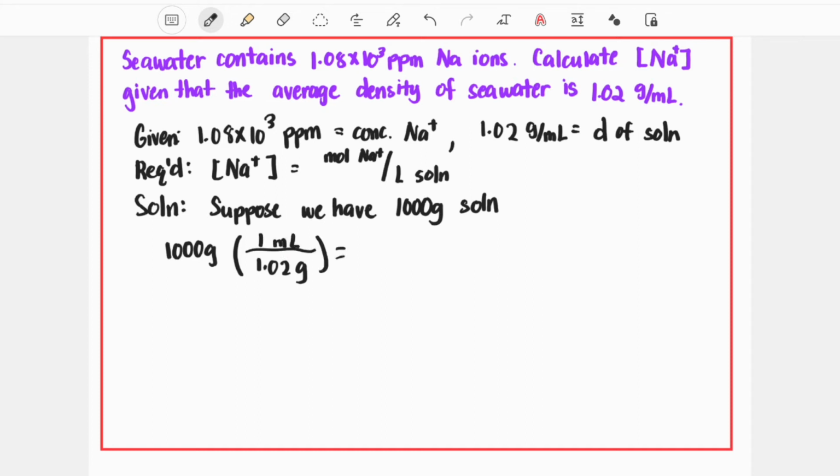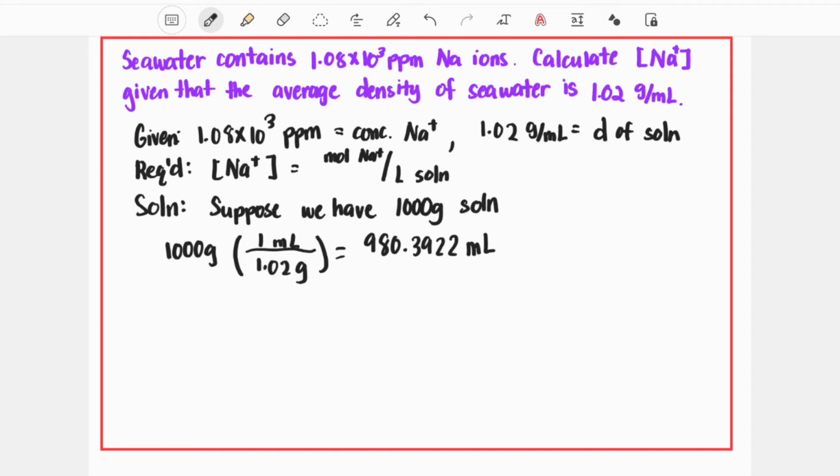Using my calculator, we have 980.3922 milliliters of seawater. I'm calculating for the volume of the seawater because I would need to divide the moles of sodium by the volume of the solution. So this is a good first step. We're done with the denominator.